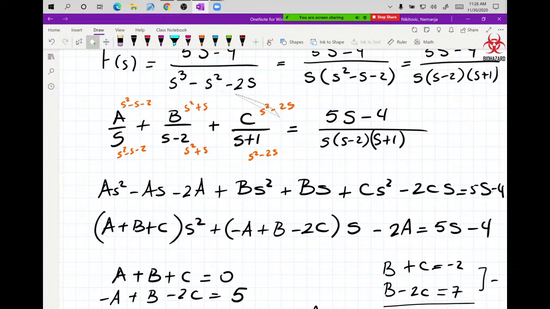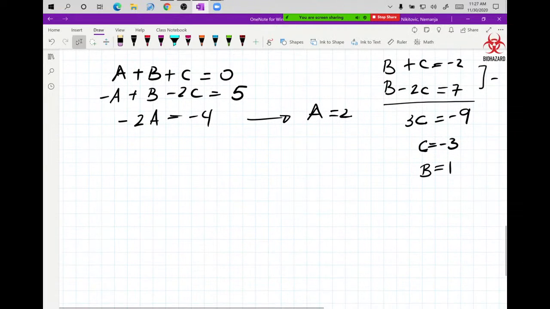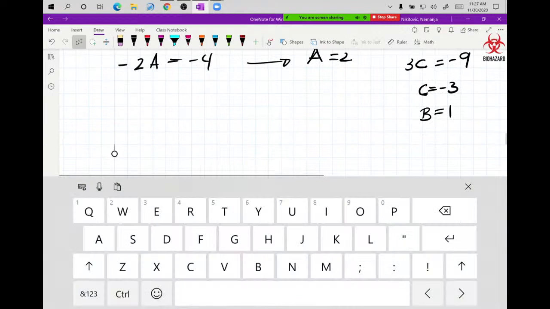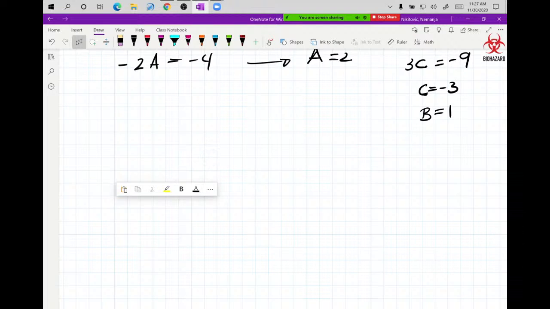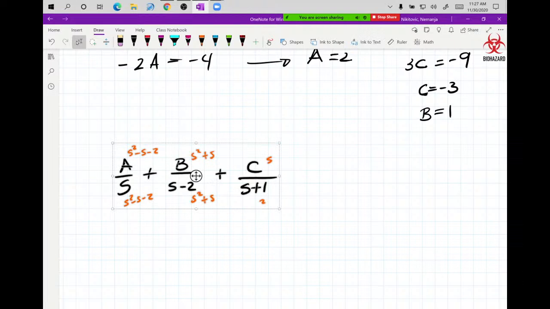Now that goes in here. So I'm going to copy this. You can just write it again. Oh, come on. There we go.